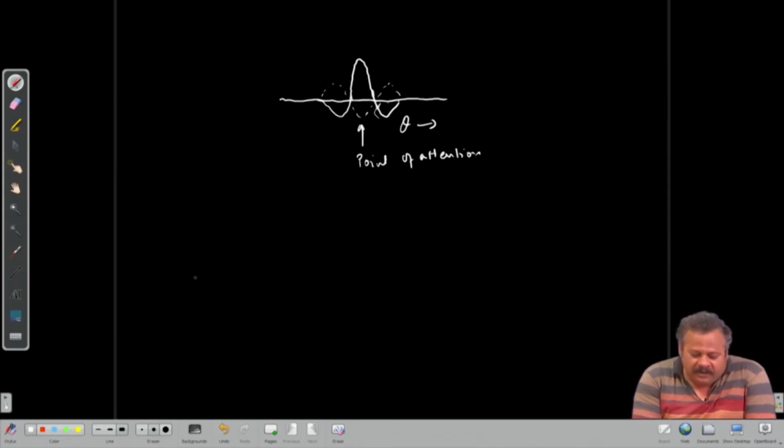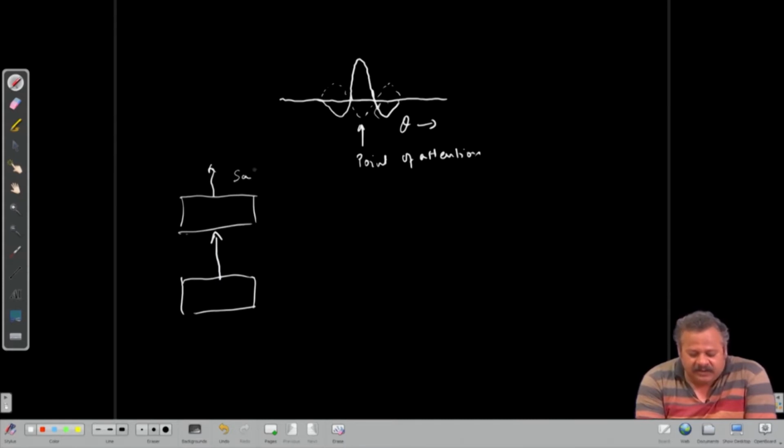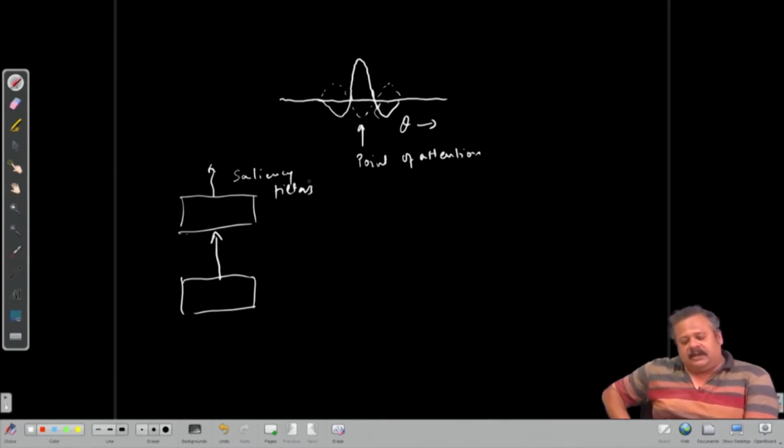So, if we think of it in this way, there is an external world, and stimuli are coming in. This goes through our peripheral system, and then we have saliency filters that provide an enhanced version of some of the stimuli, or one of the stimuli.